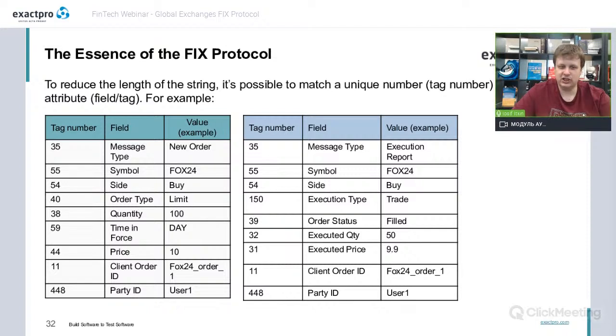For example, message type field has tag number 35 and symbol has tag number 55. So it is possible to make the message shorter and more computer-like, I would say.